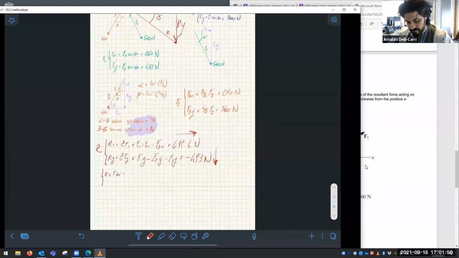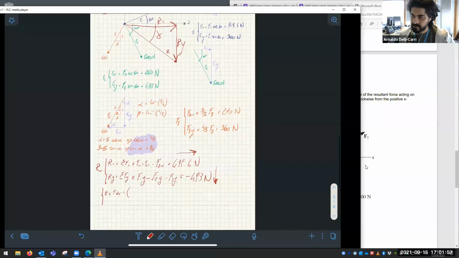Arctangent of Rx over Ry or Ry over Rx? Ry over Rx, yes. So Ry over Rx.